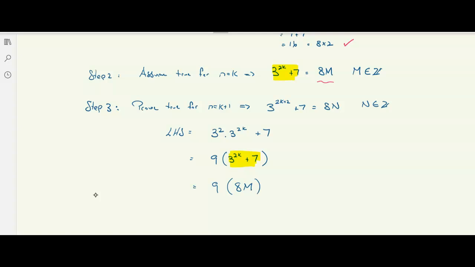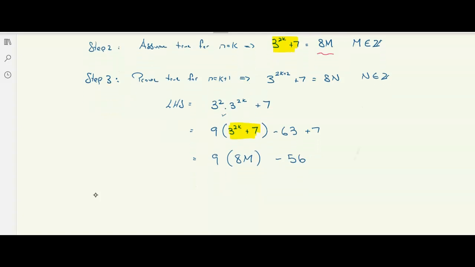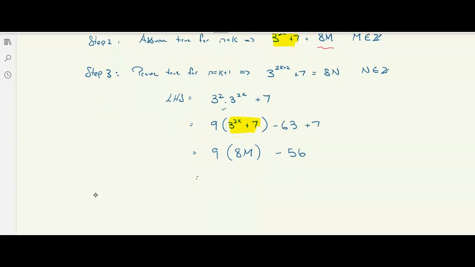Because what I did was I did 9 times 3 to the 2k, which is good for that, but 9 times 7 is 63. So I'm actually going to subtract that 63 to nullify it, and then add the 7. So that's the same as subtracting 56. Now that's a nice number because I know it's a multiple of 8.